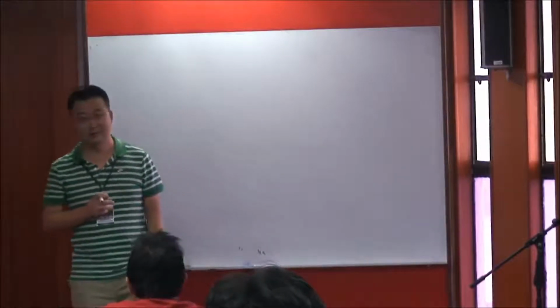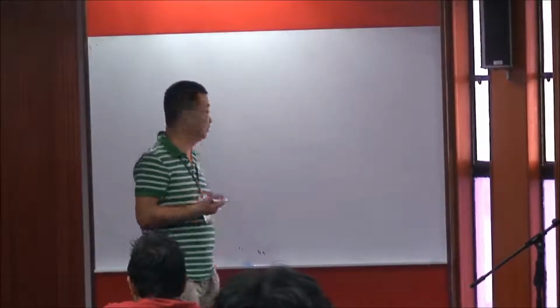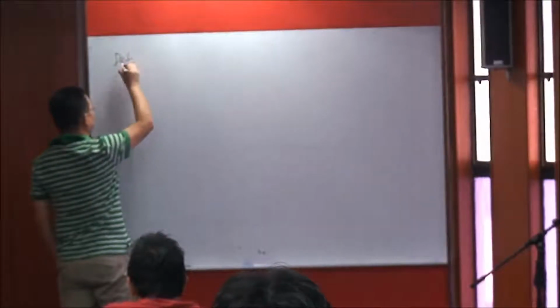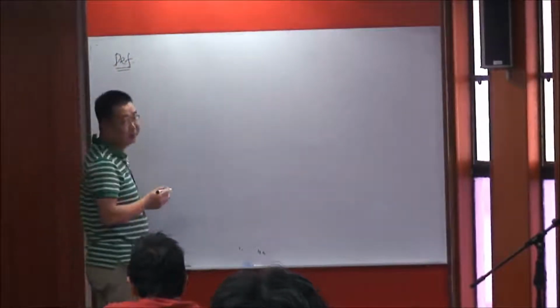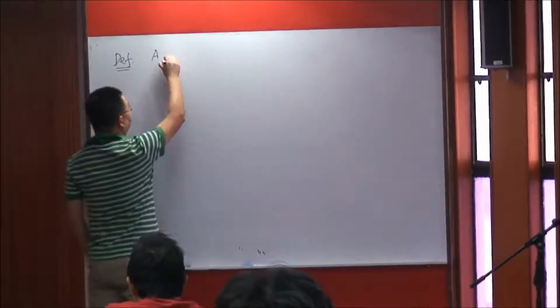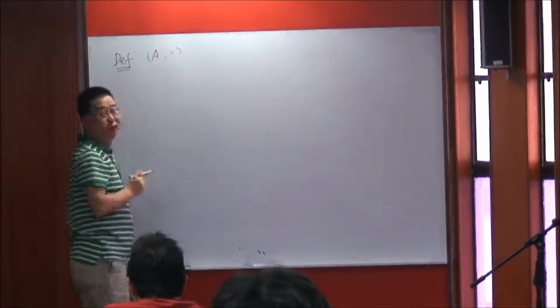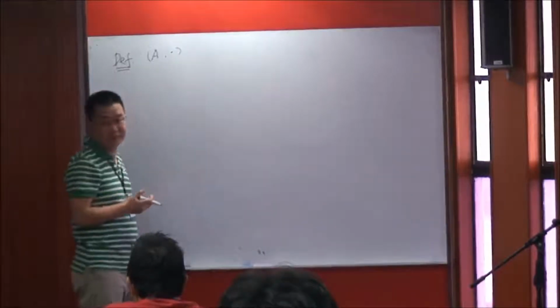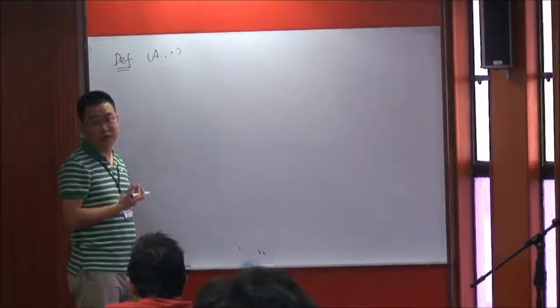For any algebraic structure, the first thing is to introduce the definition. The definition is very easy. A pre-Lie algebra is a vector space with a binary operation dot, satisfying some identity.